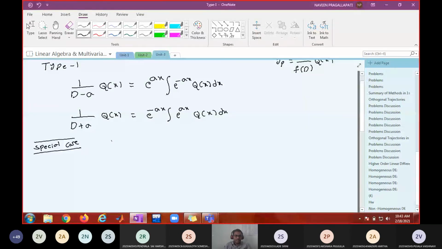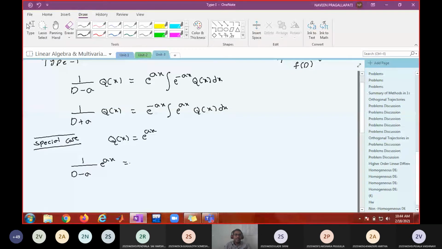Special case: Q of x is equal to e power x. Then what will be 1 by d minus a of e power x? Apply this formula. e power ax into the integral of e power minus ax into what is Q of x?